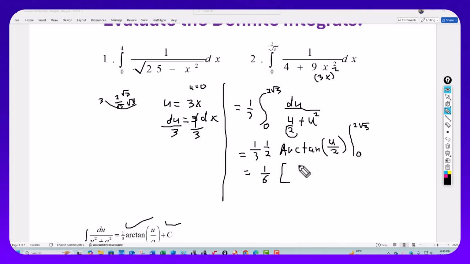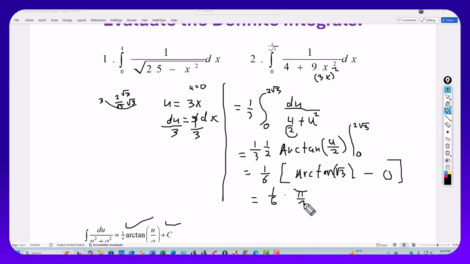And then we evaluate. Arctan, replace the u by 2 radical 3. The 2's cancel out, and we get radical 3 here. And then it's minus, and we evaluate at 0, so this will give me arctan of 0, which is 0. So all I have then is 1 over 6 times the arctangent of radical 3, which is pi over 3, or 60 degrees.